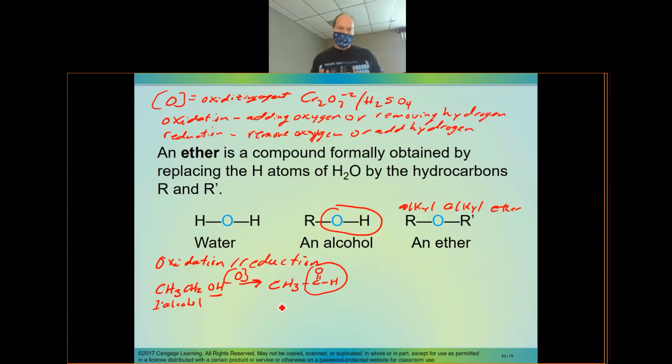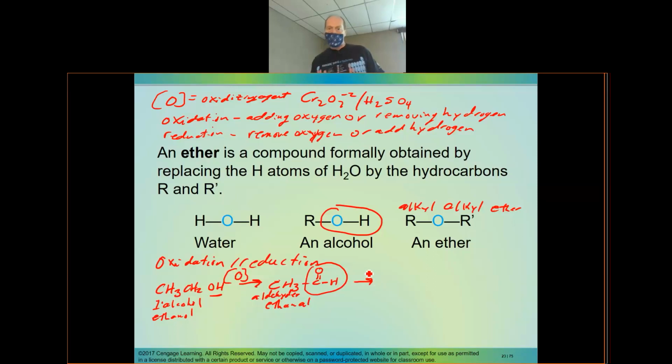And so this alcohol is ethanol. You don't need the 1 because there's no such thing as a 2-ethanol. All right, and so this is ethanol. This is your aldehyde. So when you oxidize a primary alcohol, you get an aldehyde.